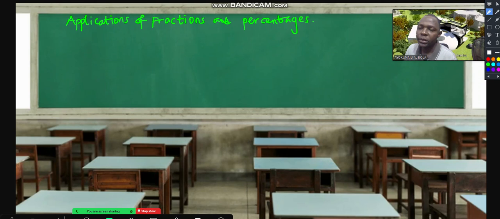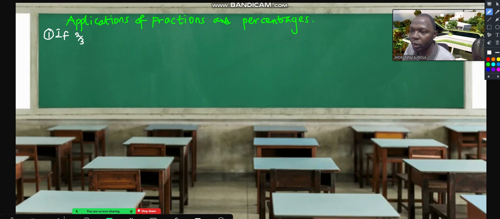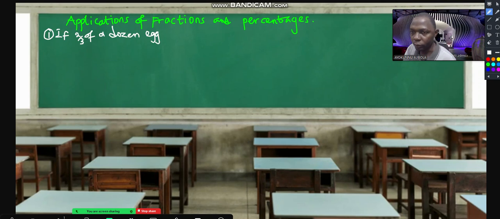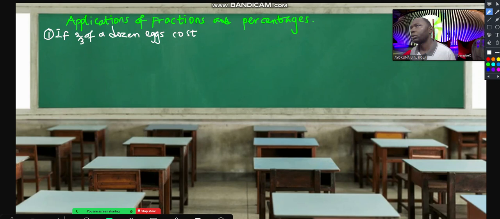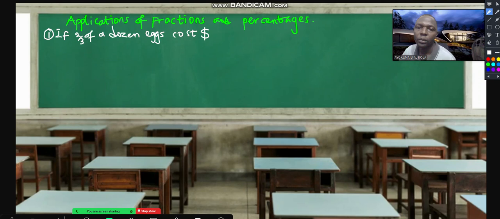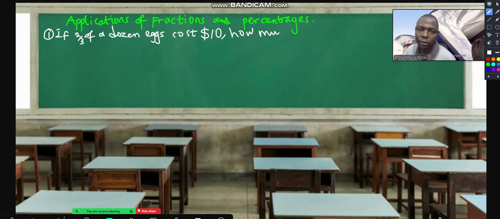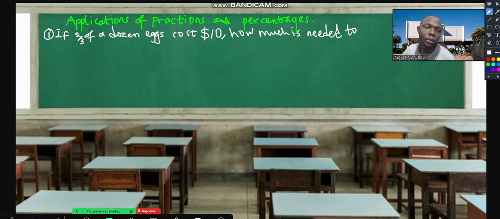Let's say if 2/3 of a dozen eggs costs $10. How much is needed to buy 3 dozens?